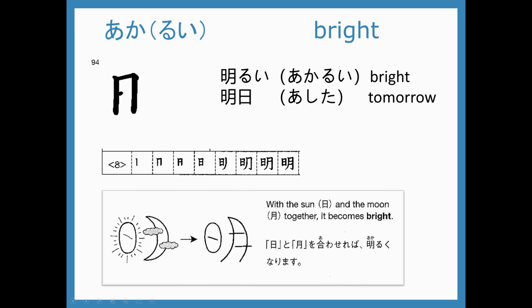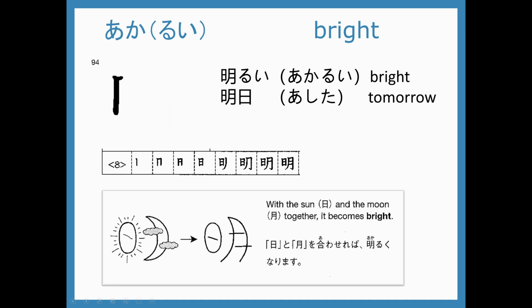So when we write, we start with 日曜日の日. And then next to it, we have 月曜日の月. So this is the aka in 明るい and the first kanji in ashita. 1, 2, 3, 4, 5, 6, 7, 8.